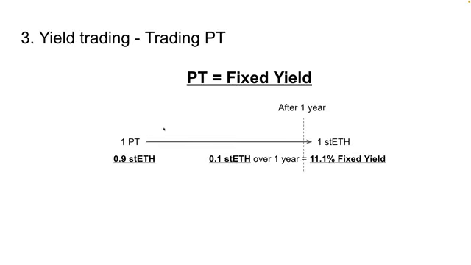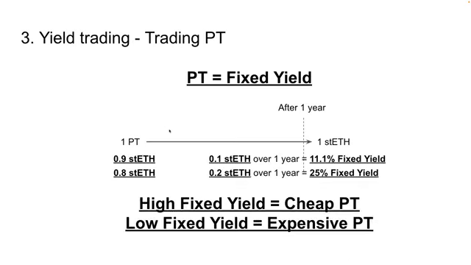Now, the second thing you need to learn about PT trading is this pricing guideline. High fixed yield is equivalent to cheap PT, and low fixed yield is equivalent to expensive PT. How so, right? Let's say one PT is 0.8 SDE instead of 0.9 right now.